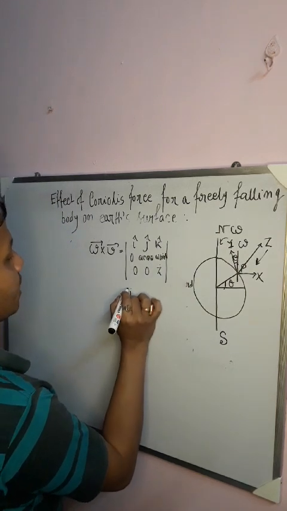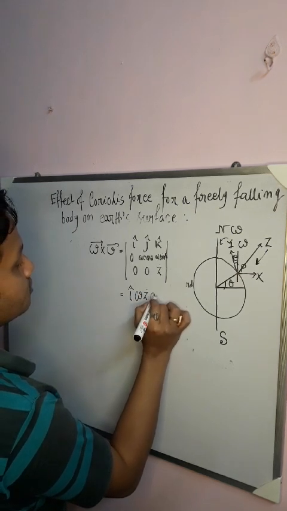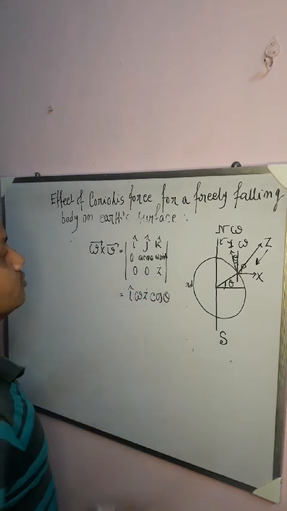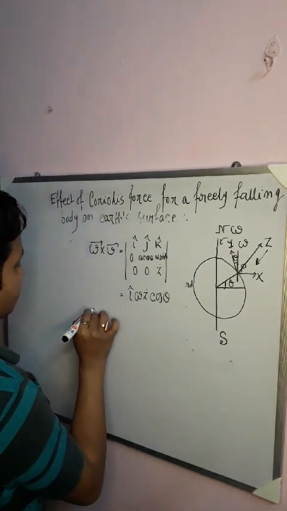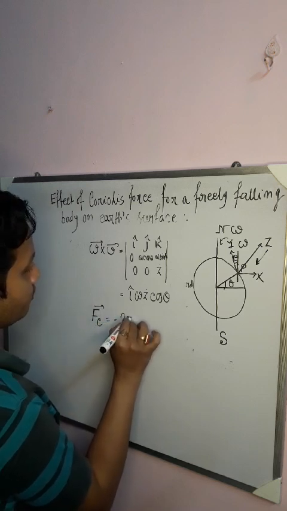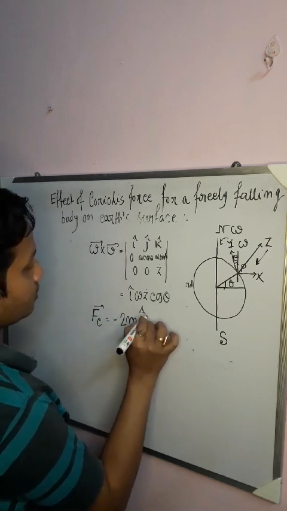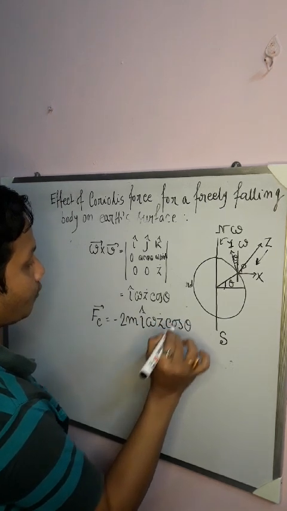So this is i cap omega z dot cos theta, and other terms will be 0. Okay, so what will be the expression of the Coriolis force? Simply minus 2m into omega cross v, that is, i cap omega z dot cos theta.